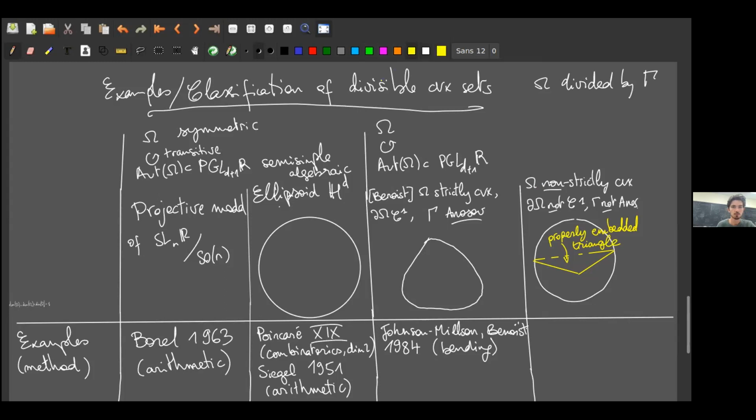Another way to construct divisible convex sets is using two smaller divisible convex sets. So if we consider a point, which is a divisible convex set, and a disk, the convex hull of those is also a divisible convex set.